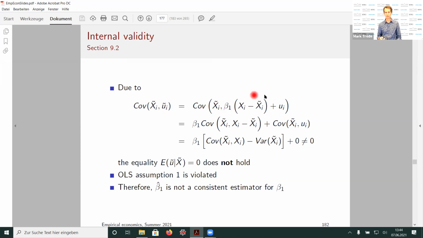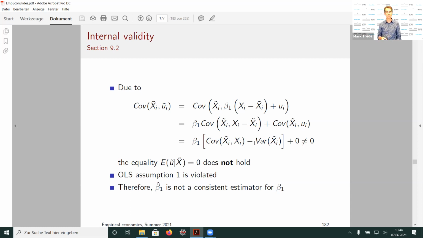We cut this covariance into 2 at the plus sign. So first covariance here and then the covariance for the rest. And then we use, again, the rules for the covariances. And we find out, doesn't really matter how this expression looks, we find out that it's not 0. Okay, so there's correlation between the measured values of x and the error terms.